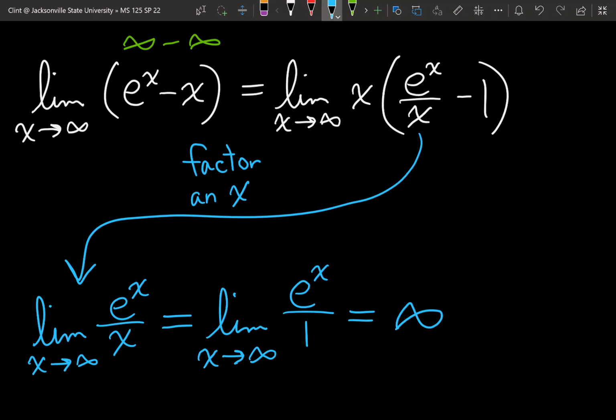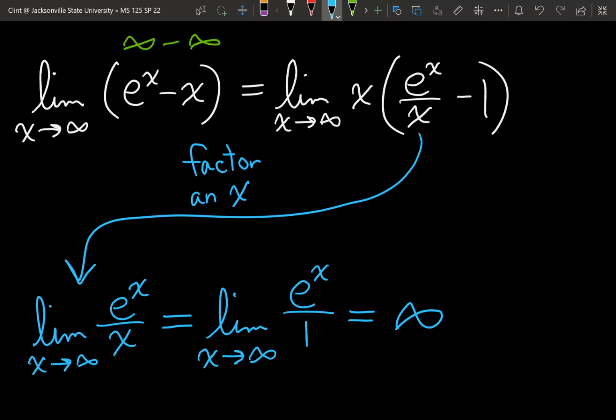It's unfortunate that we need L'Hopital's rule inside of a L'Hopital's rule problem. But other than that, once we can see that e to the x over x as we approach infinity is infinity, this thing's nice, because now what situation are we in? Infinity times infinity minus 1, which is just infinity.